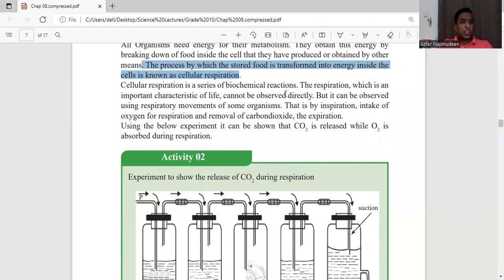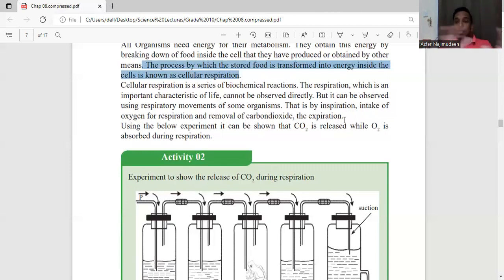Cellular respiration is a series of biochemical reactions. Respiration, which is an important characteristic of life, cannot be observed directly, but it can be observed using the respiratory movements of the organism. That is inspiration, the taking in of oxygen, and expiration, the removal of carbon dioxide.